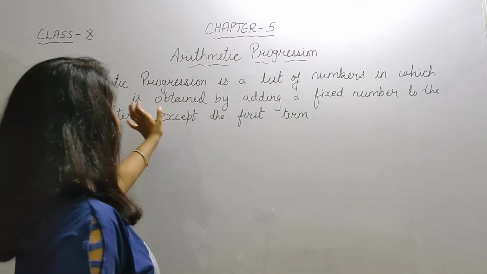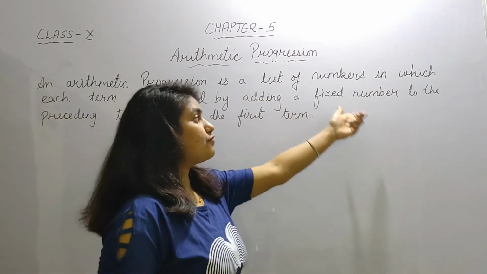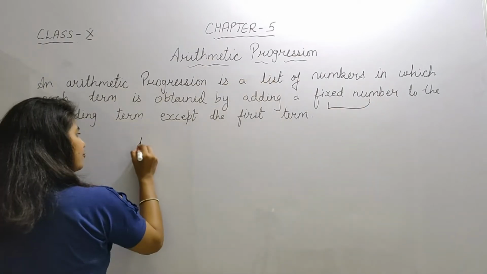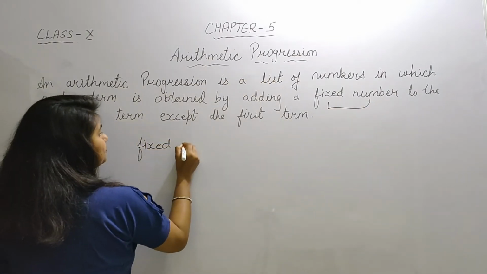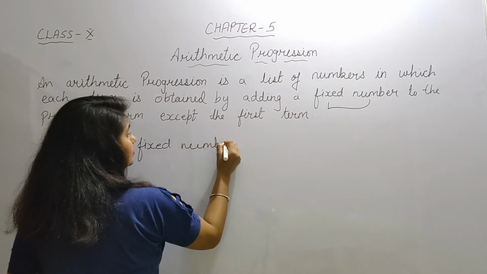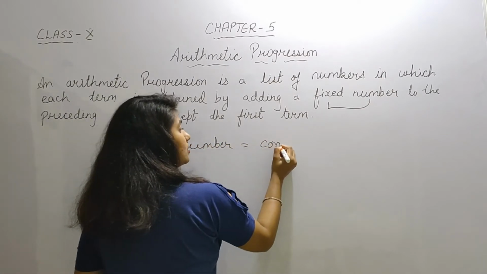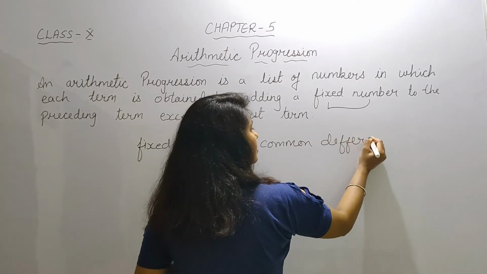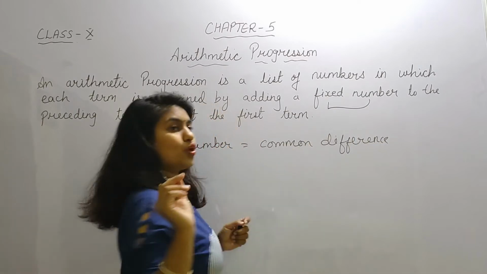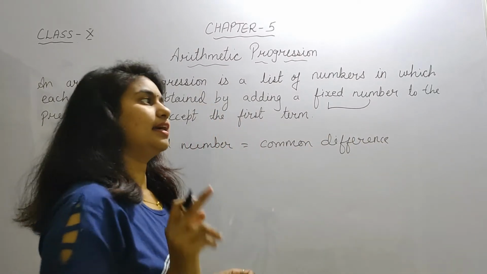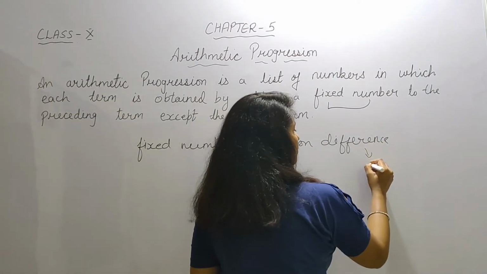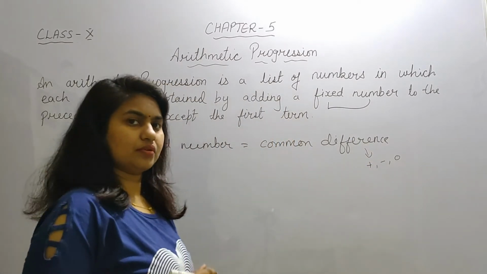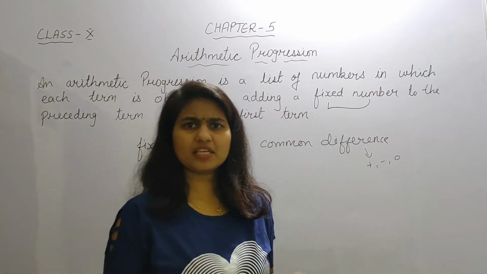Here, "obtained by adding a fixed number": this fixed number is also called the common difference, and it can be positive, negative, or 0.